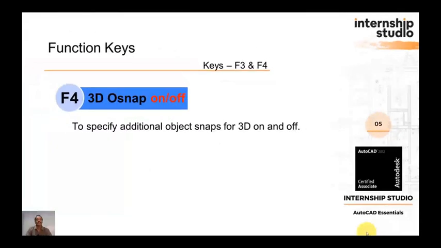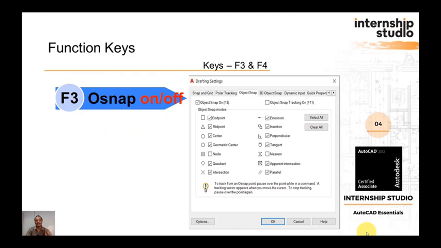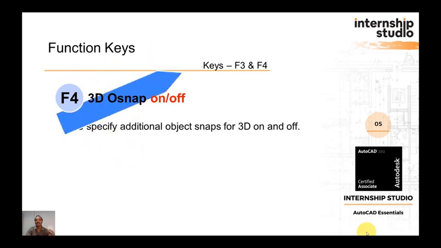Next function key is F4. F4 is for three-dimensional object snap. The F3 function key is object snap, used for two-dimensional as well as three-dimensional. Some more additional object snaps for three-dimensional are given at the function key F4.